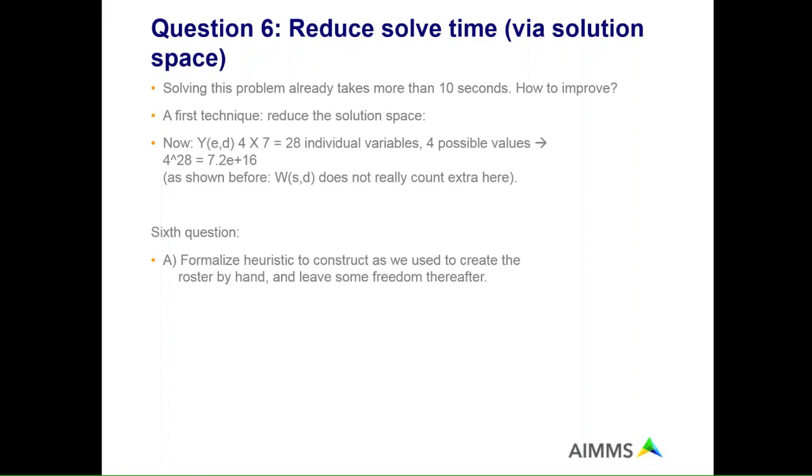Now, the first method is, again, to formalize a heuristic and leave some freedom for the optimizer after the first solution is found. A second technique is, hey, we see that it doesn't matter which shift is started on the first day, because none of the employees has been restricted, so let's fix the first day.